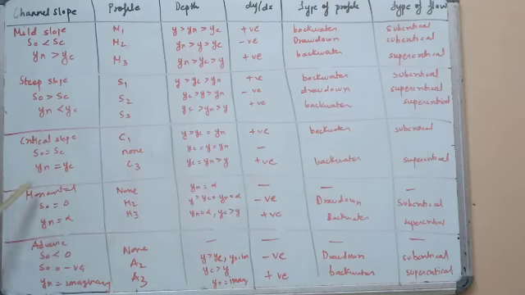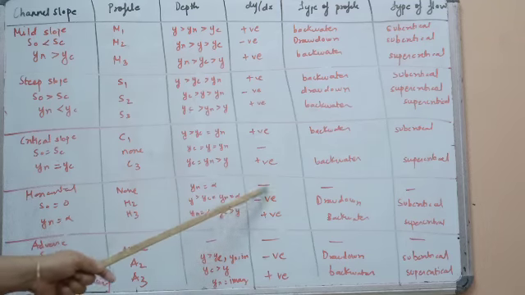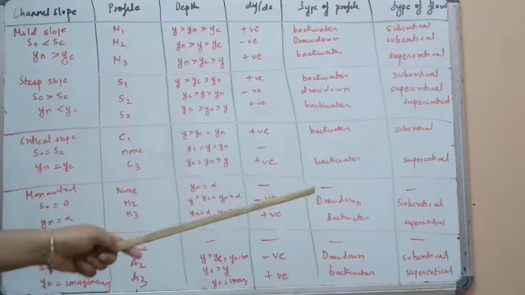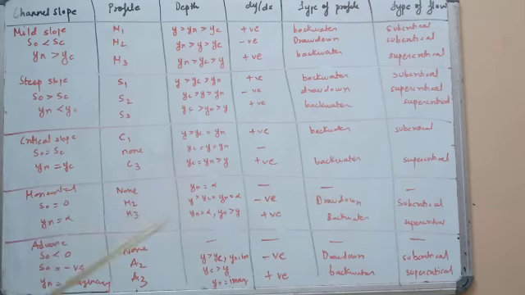Next is when the slope is horizontal. When the slope is horizontal, yn is infinity and only two curves exist, that is H2 and H3. So yn is infinity, y is greater than yc in one case, and yc is greater than y in the other. I have told that H2 is a negative curve, a drawdown curve, and H3 was a positive curve, and the flows were subcritical and supercritical.